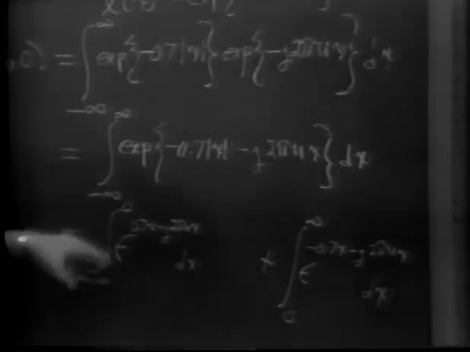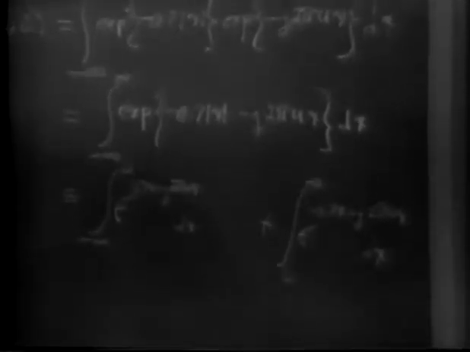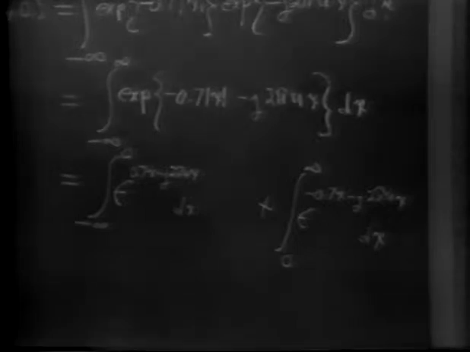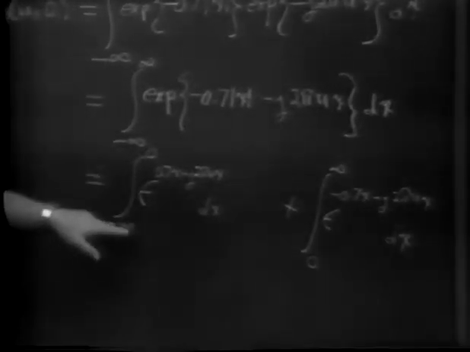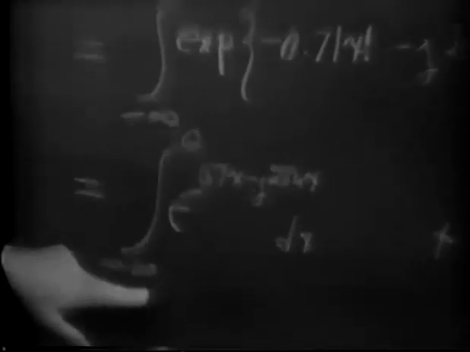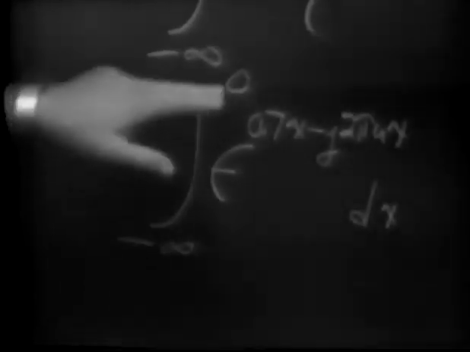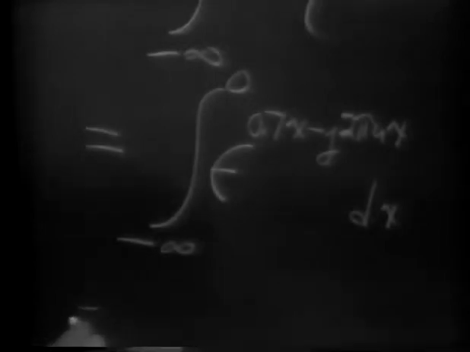And to make this a little bit easier, I could reverse the limits of this by letting x prime equal minus x. So I'd have two integrals from 0 to infinity.